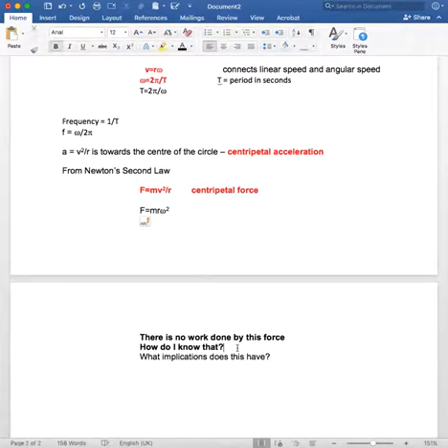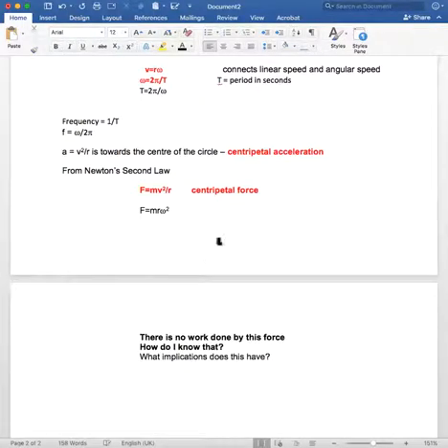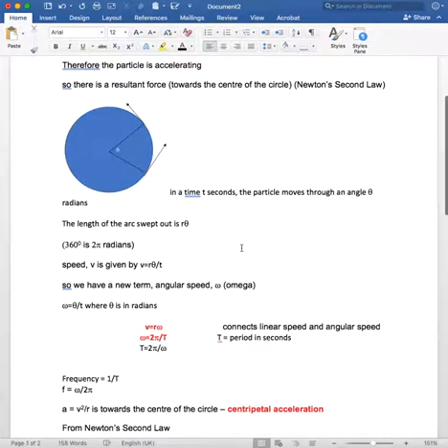So, how do I know that this is doing no work? Well, if you think about it, work done is the size of the force times the distance moved along the line of action of the force.